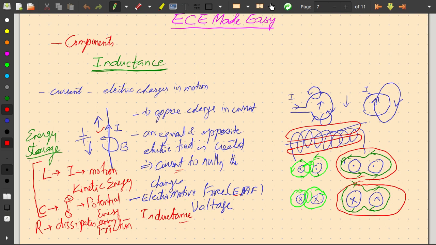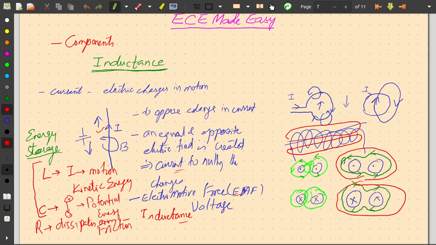So as long as there is no change in the current, the inductance doesn't show its presence, but the moment current starts to change, an electromotive force is induced, and that induced electromotive force is in a direction such that it produces an equal and opposite current that is equal to the change in current, so that this opposite current hence produced opposes this change in current, and thereby tries to maintain the constant current flowing through it.